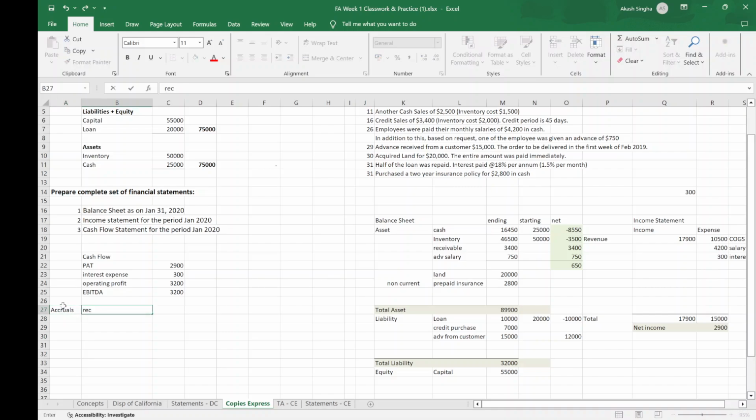Receivable, receivable increase. So we got some money out of it, 3400. Then advance salary.